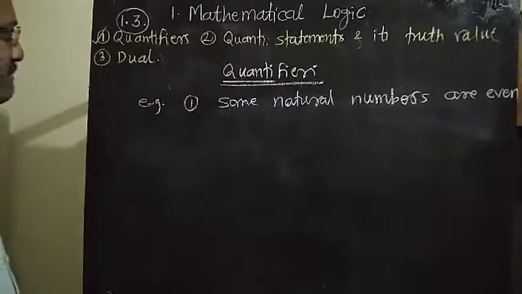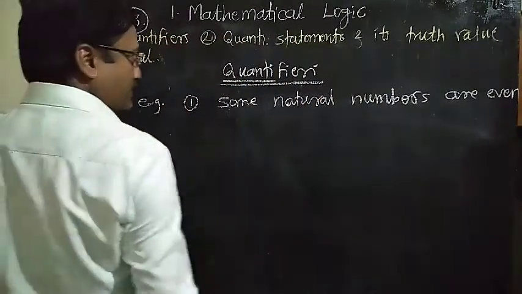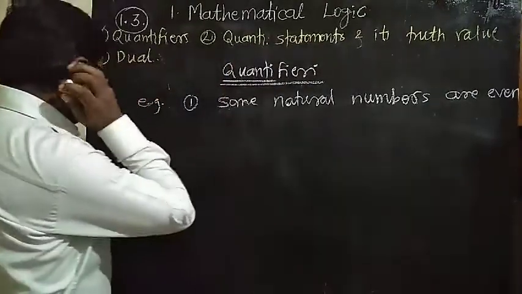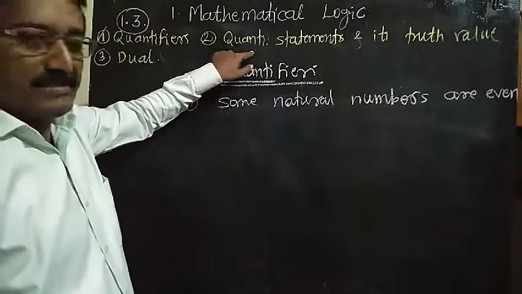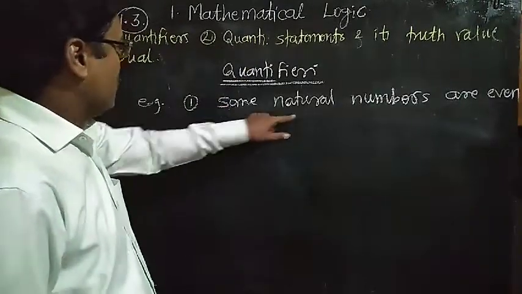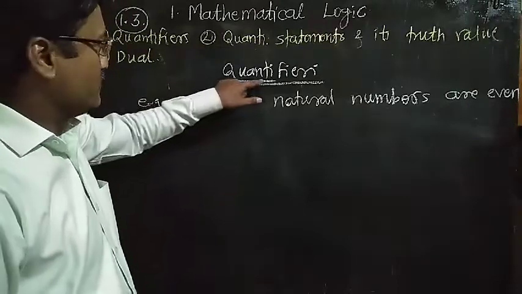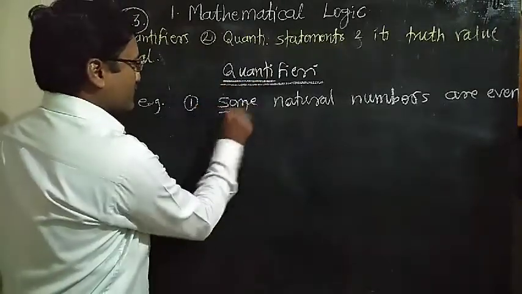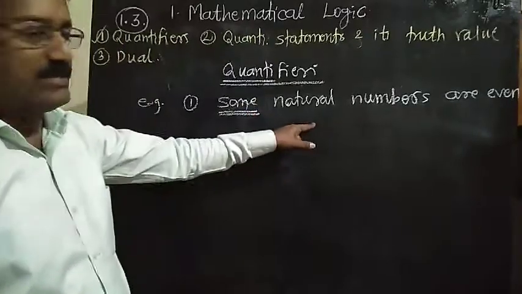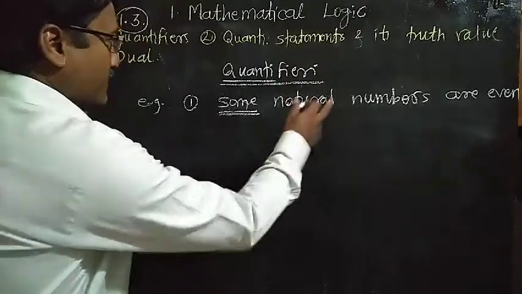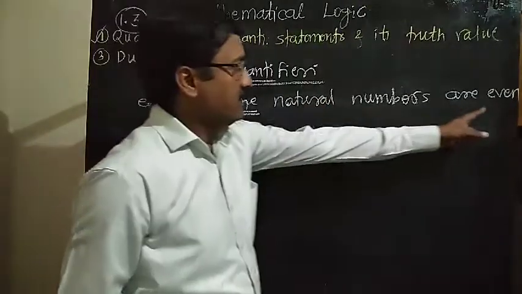Obviously this statement is called a quantified statement, because a quantified statement is nothing but a statement which is formed using quantifiers. The quantifier some is used here, so this statement is said to be a quantified statement.